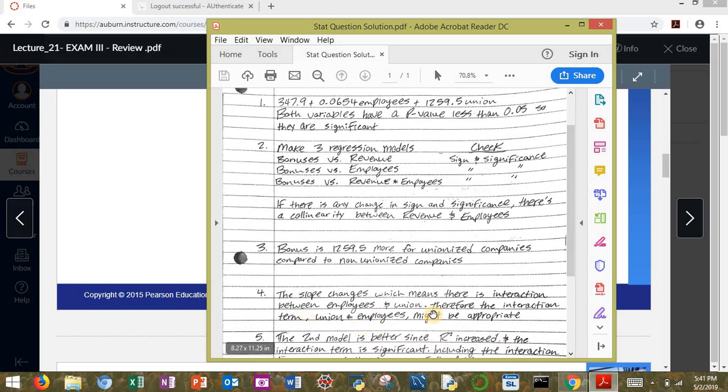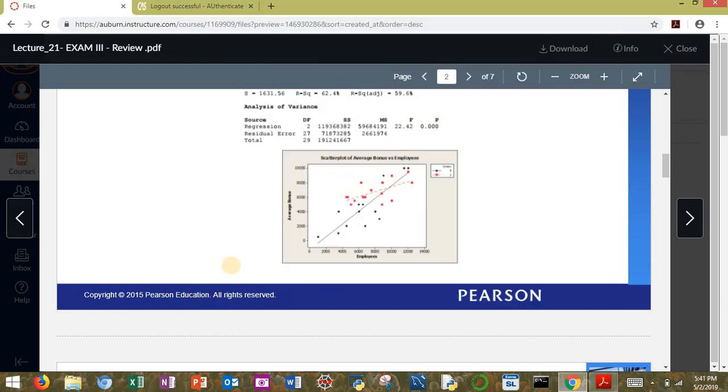It said since the slope changes, that means there's an interaction between employees and union. Therefore, the interaction term union and employees might be appropriate for this model. And the keyword is might. We would still need to test the significance or the p-value for that once we added it in our model to see if it was appropriate or not.